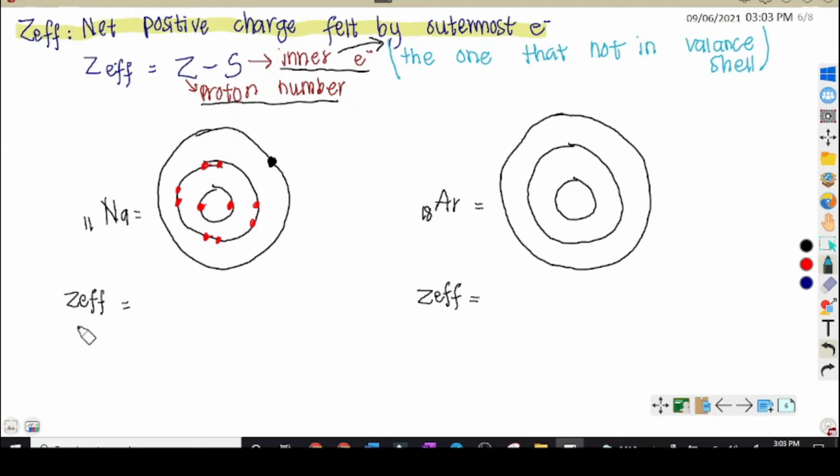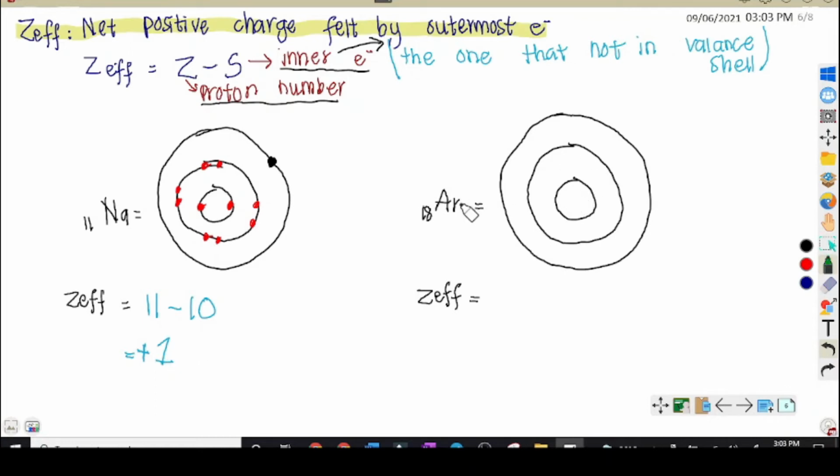For the calculation of Zeff, the proton number is 11 and the inner electrons are the ones I've drawn in red. So that would be 2, 4, 6, 8, 10. So the Zeff would be 1, but you must write it as positive 1. Okay, so the sign is included.